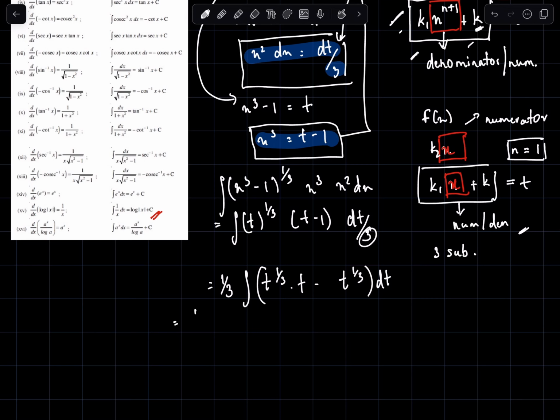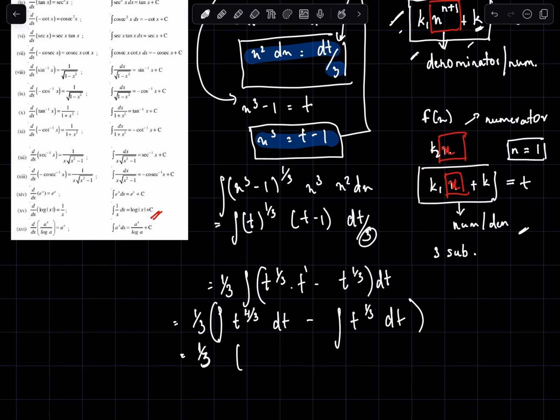Which is equal to 1 by 3 integral of, now you add the powers together, which is 4 by 3, t raised to power 4 by 3 dt, minus integral of t raised to power 1 by 3 dt, right?